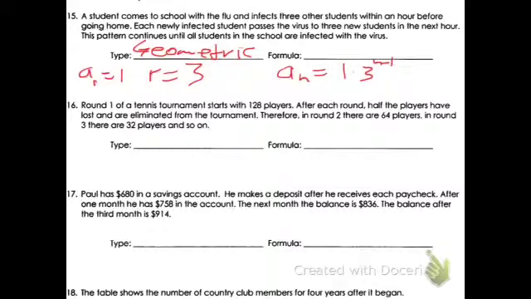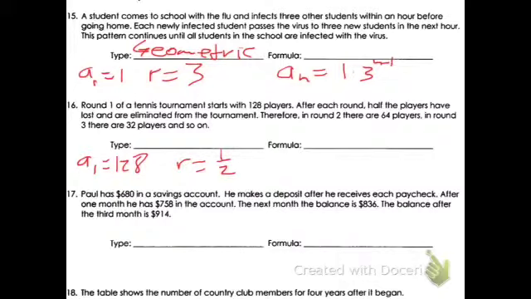Number 16, first round tennis starts with 128 players, so it's going to be your a sub 1, 128. Each round, half the players are lost and are eliminated from the tournament, so we have a common ratio here of 1/2, because you're getting half of the previous amount each time. Therefore, in round 2, there were 64 players, in round 3, 32 players, and so on.